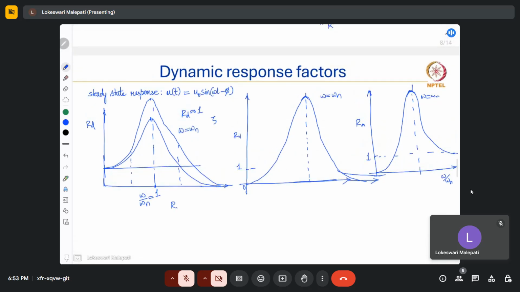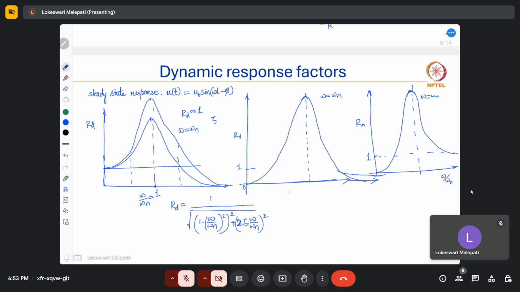RD is equal to 1 by square root of 1 minus omega by omega n the whole square plus 2 zeta omega by omega n the whole square. For this we can find out at what frequency the maximum value is occurring. Whatever frequencies the maximum value occurs at, those frequencies are called resonance frequencies in the case of damped forced vibrations.